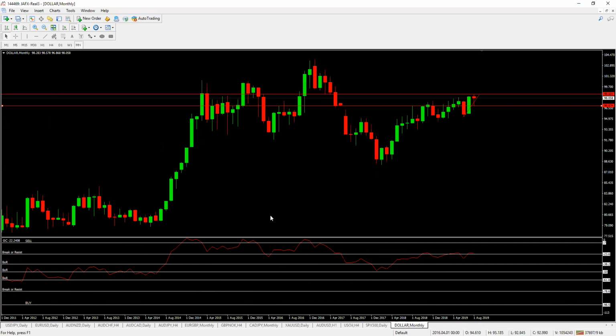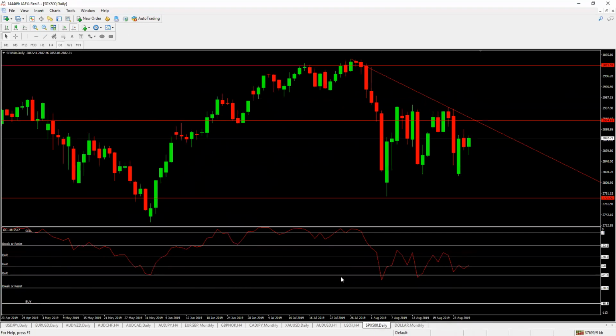I believe whenever this dollar hits, we're going to experience the SPX 500 do the same thing. We expect the US 30 to do the same thing.